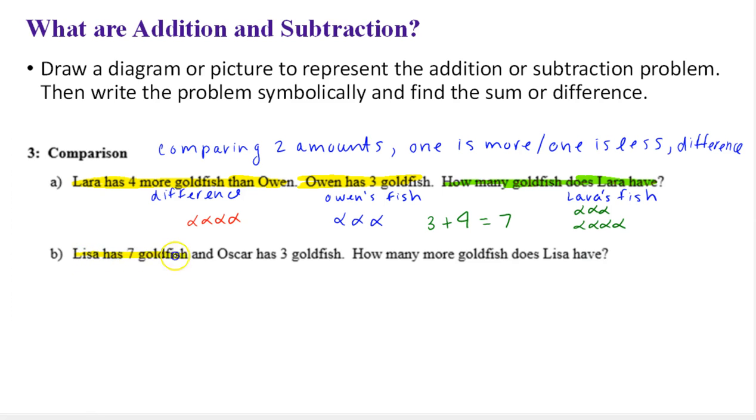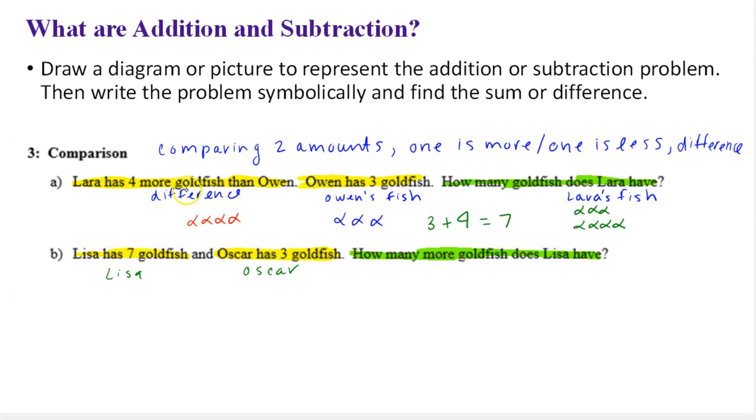Okay, and now looking at the last one, Lisa has 7 goldfish and Oscar has 3 goldfish. And we want to know how many more goldfish does Lisa have. Okay, so here we're comparing two amounts, Lisa's fish and Oscar's fish. This is Lisa, this is Oscar, and what we want to find is the difference.